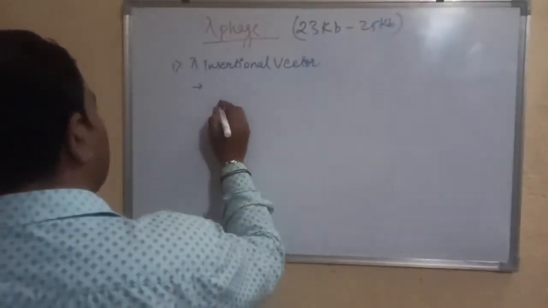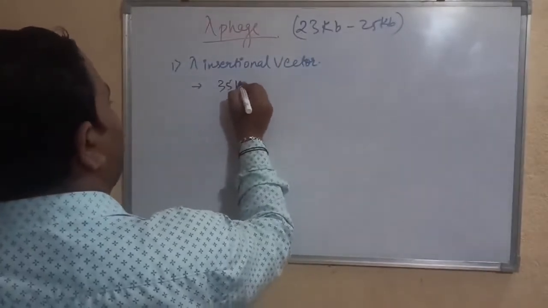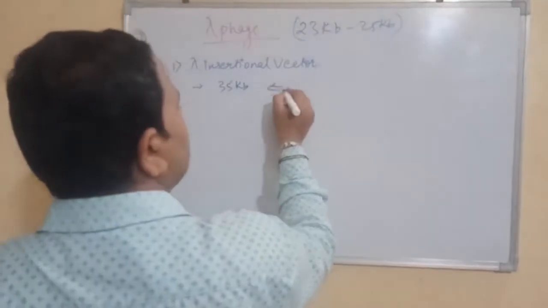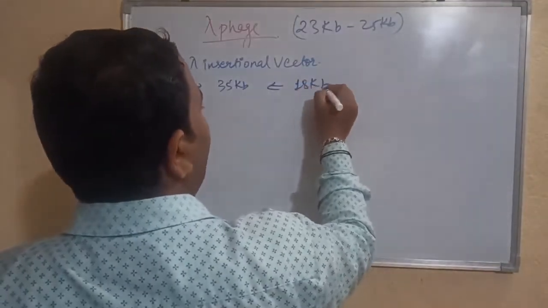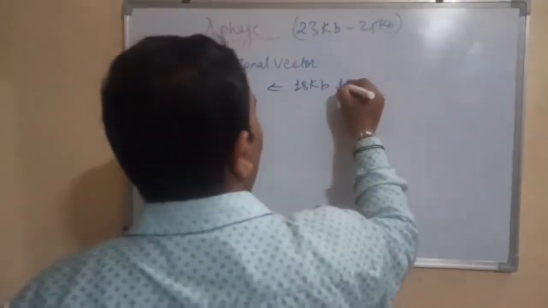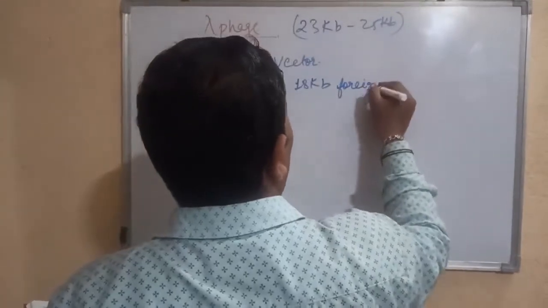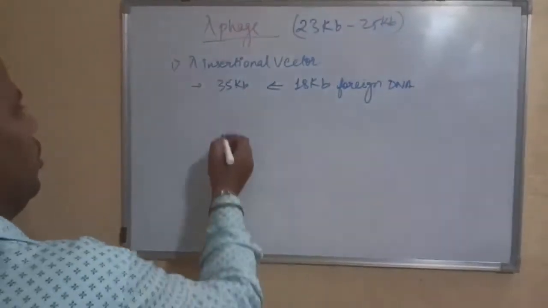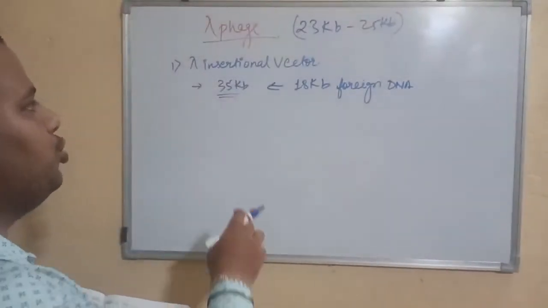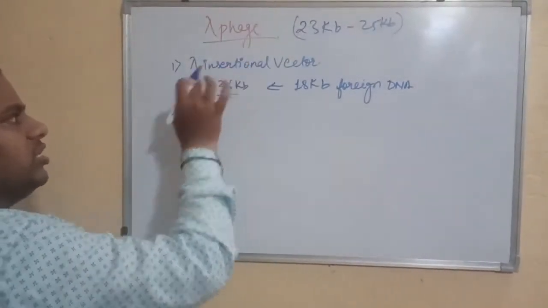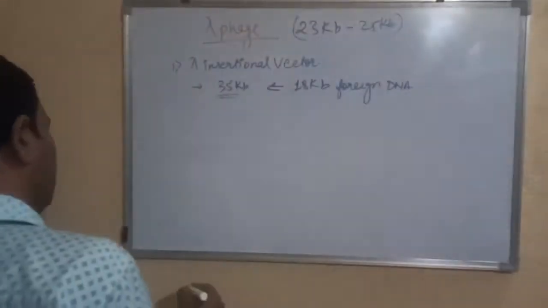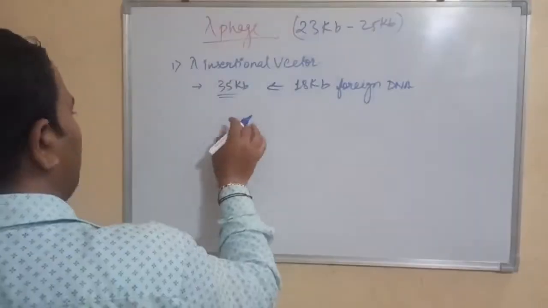The size can be about 35 kb of DNA, and here we can insert about 18 kb of foreign DNA into the phage particle. The rest is used as the coding sequence required for infection.